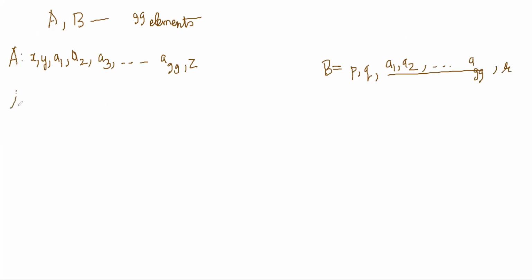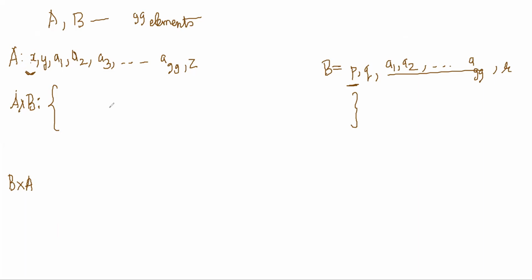Now, when you form A cross B, it will be a collection of ordered pairs: X A1, and so on, XP, XQ. But when you form B cross A, the ordered pairs will be PX, PQ, PY, and so on. Those cannot be common ever, because the B cross A ordered pair will have the opposite order.